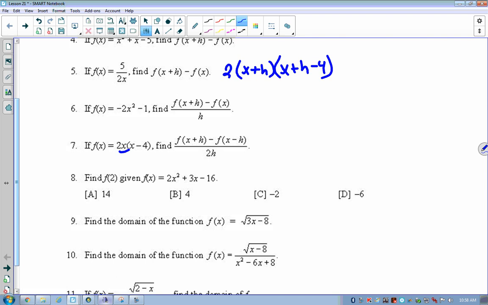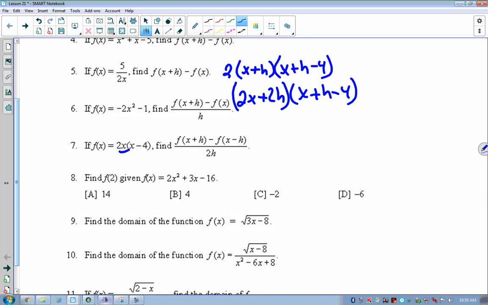Okay? Now, what we could go ahead and do with that is simplify it down as much as we can. Let's go ahead and distribute the 2. That's going to be 2x plus 2h times x plus h minus 4. Okay? That would be distributive, correct?